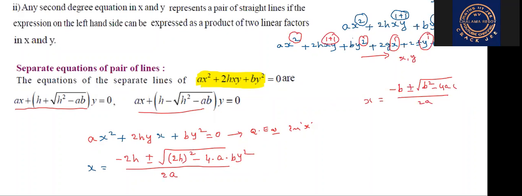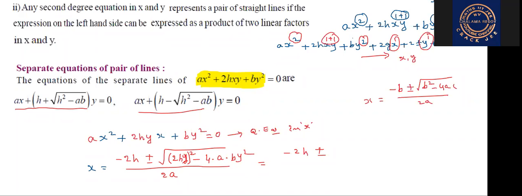Okay students, now do the calculation. Minus 2h plus or minus inside the root, here we need to write y. I forgot here, write 2hy square, that is 4h square y square.